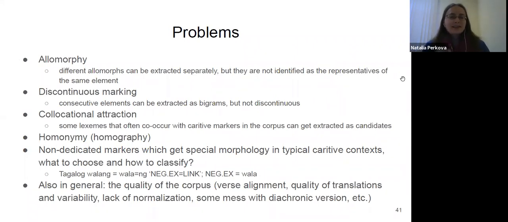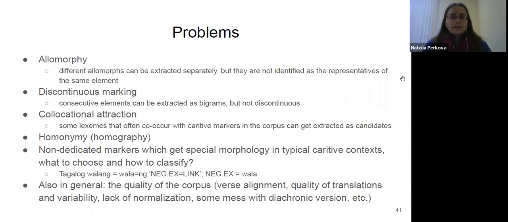So the problems are that allomorphy is a problem because we can extract allomorphs separately but not identify them as the same element. Discontinuous markers, of course, are a problem because we extract only consecutive strings. Then collocational attraction skews the distribution. Then homonymy, of course, because we look only for strings. We don't know what other meanings these strings can have.